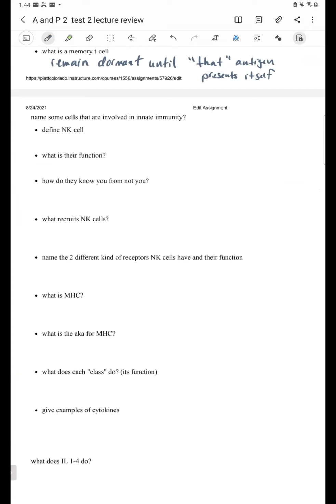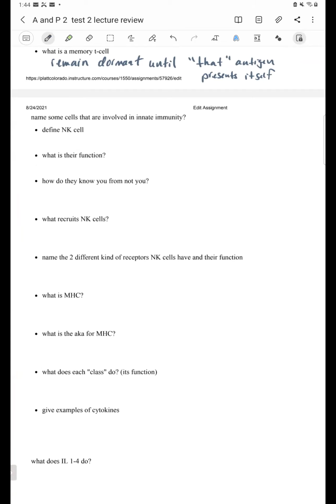Okay, what is an NK? NK is a natural killer cell. Now there were a lot of things that we wrote down about natural killer cells.